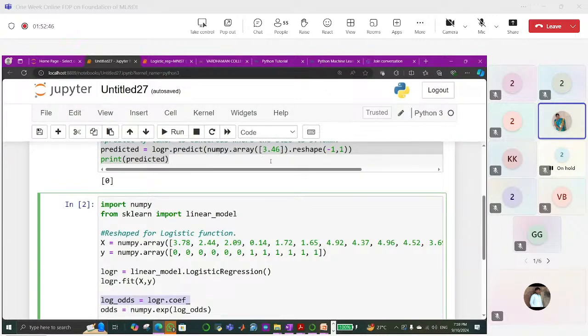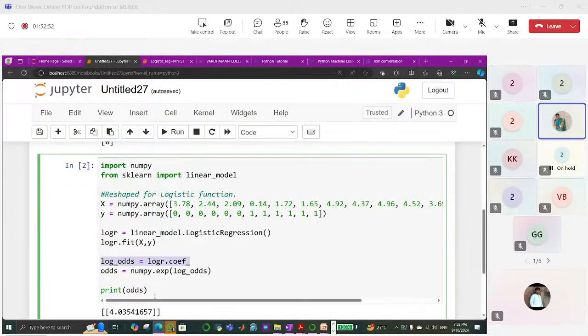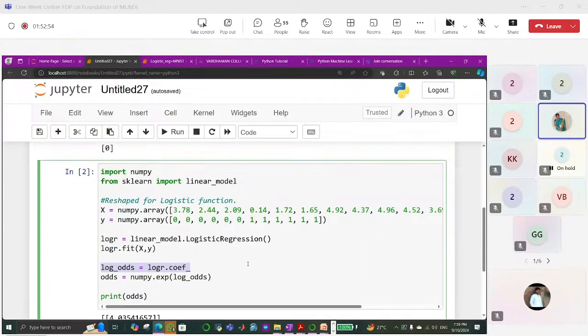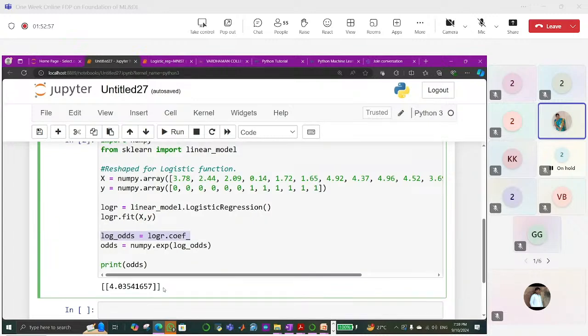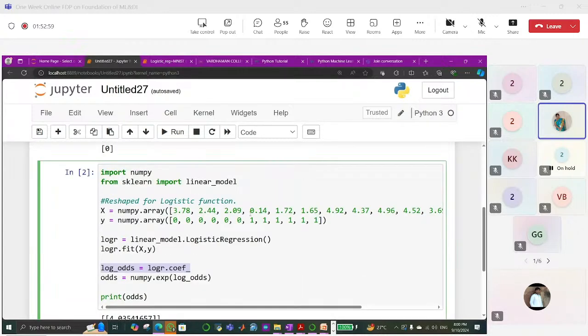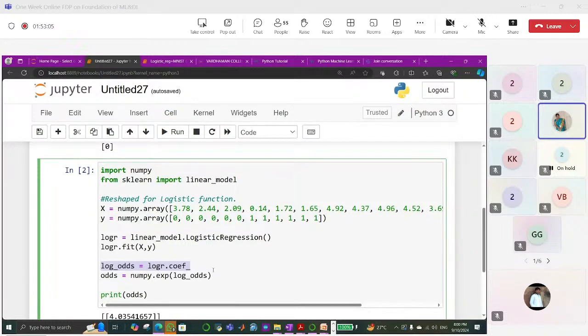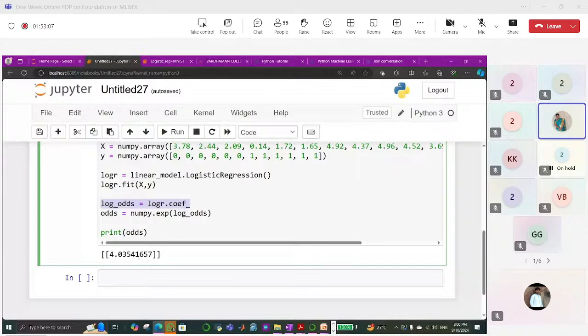That means 4.46, so it will add 1 mm extra. If you execute this program, the answer is 4.03. The same data set we are considering, only the command is different: log_odds equal to logr.coef_. So the output value equals 4.03.